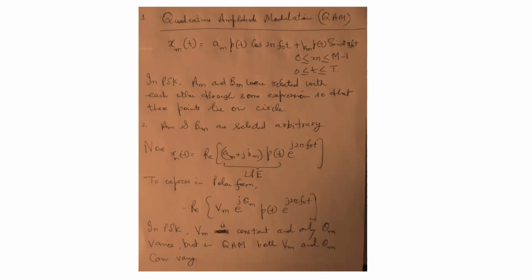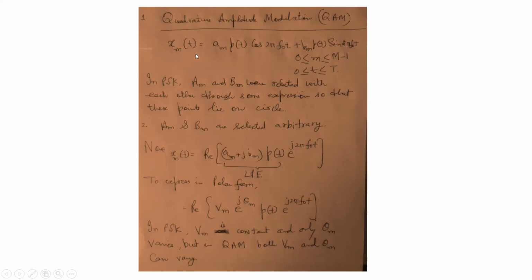So that means PSK will be a special case of QAM basically. Now in PSK, AM and BM were related with each other through some expression so that the points lie on the circle. But here in the case of quadrature amplitude modulation, AM and BM are selected arbitrarily.